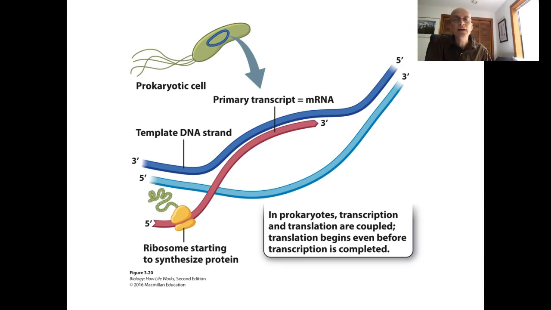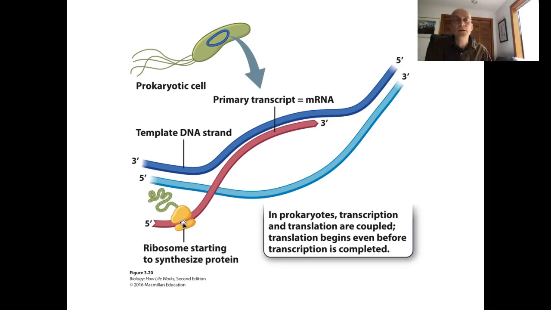The other thing that I want to point out that's also different in prokaryotes is that as soon as the mRNA is made, translation occurs. We talked earlier about the central dogma, DNA, RNA, protein. The process of making RNA from DNA is called transcription. We're talking about that right now.